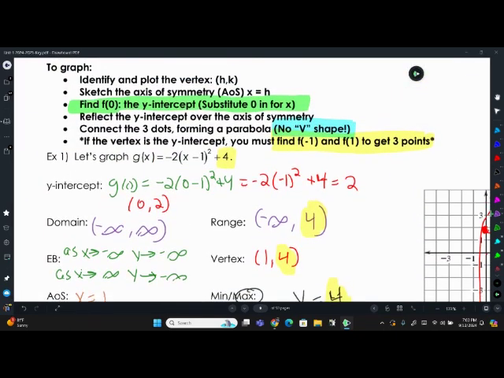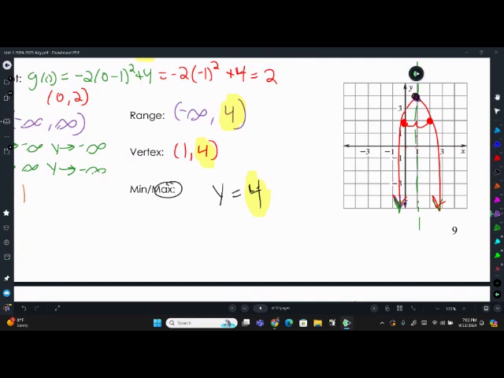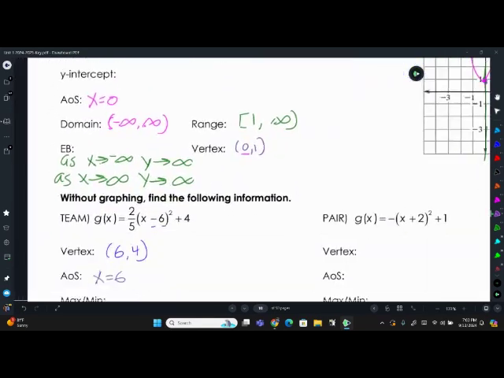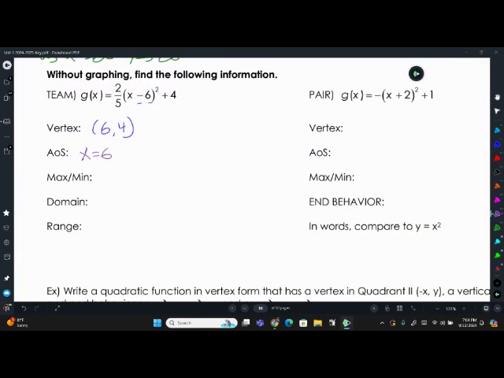This one, a is negative 2, and see we're open downward. So because this is opening upwards, we have a minimum at y equals 4. Domain is always negative infinity, comma infinity. And then the range, because we are opened upwards, is going to be 4, comma, positive infinity.